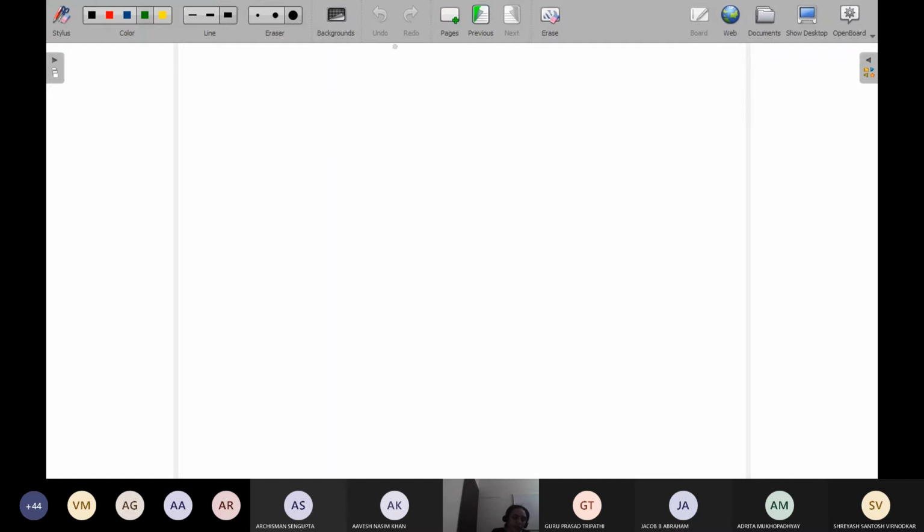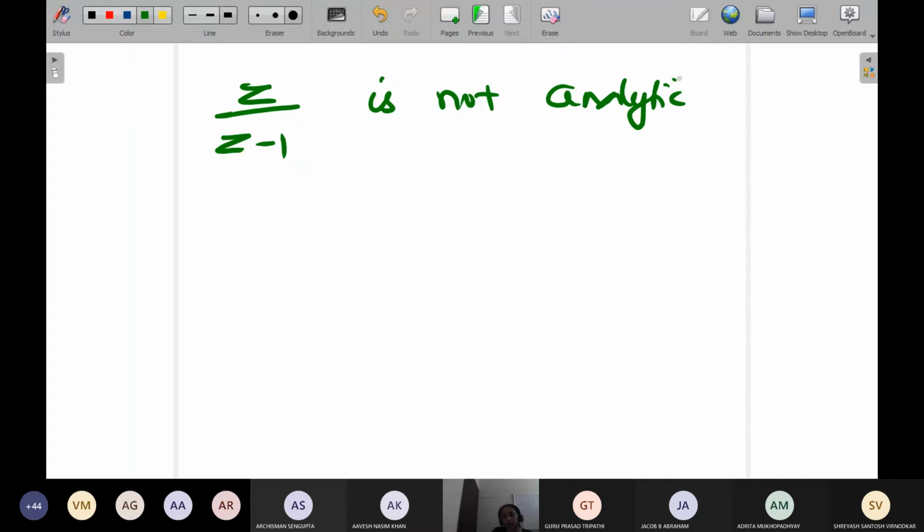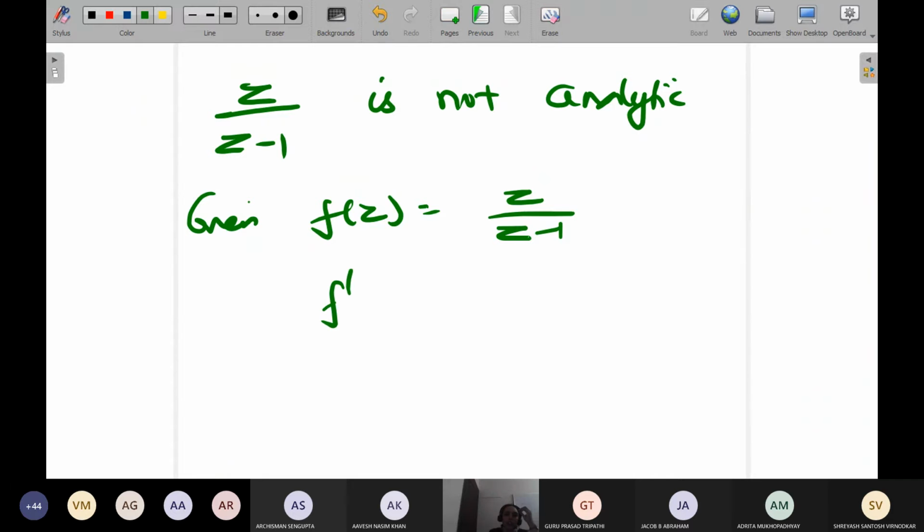So write down: for what values of z is the function f of z equals z by z minus 1 not analytic? Given f of z is equal to z by z minus 1. Now we will find the derivative of this.